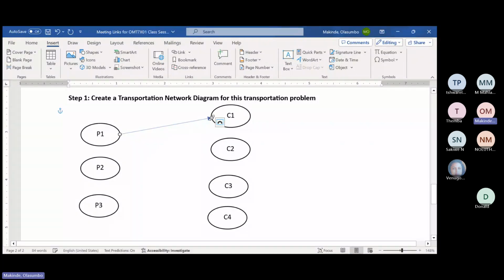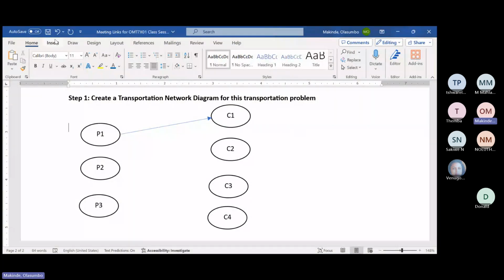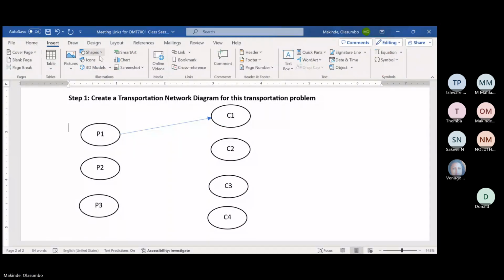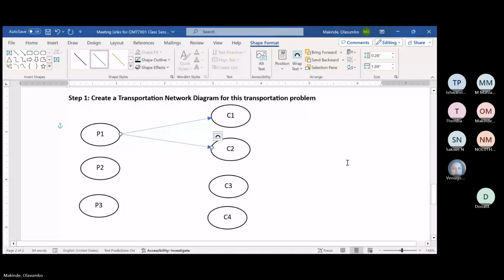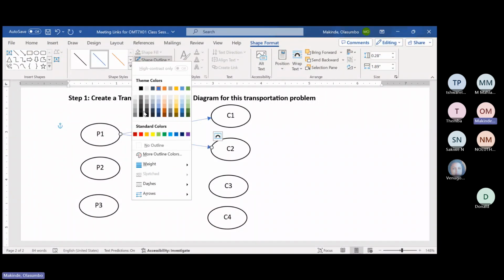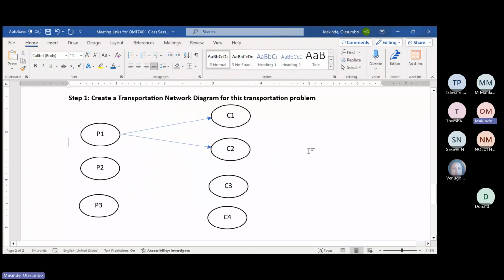Let me show you quickly. I just draw a network. You don't need to dress the arrow. It's up to you, but just make sure it makes sense, because we said P1 can supply C1 or C2. No, let me leave the arrow like that.